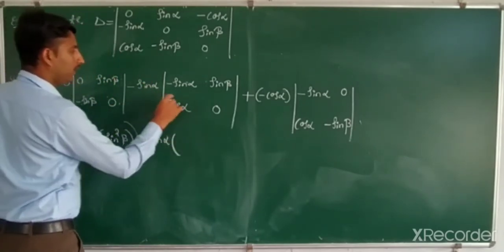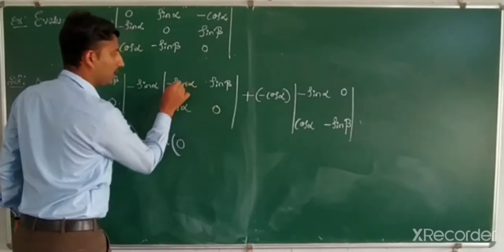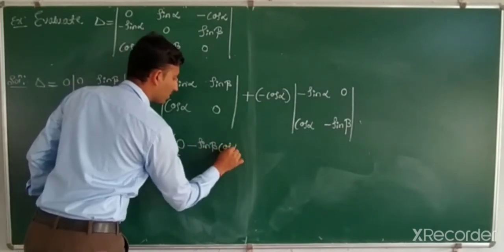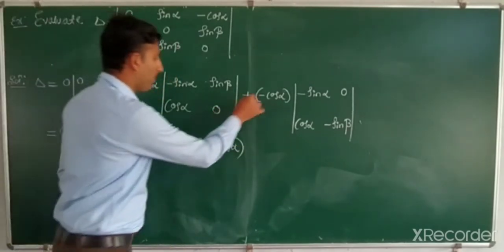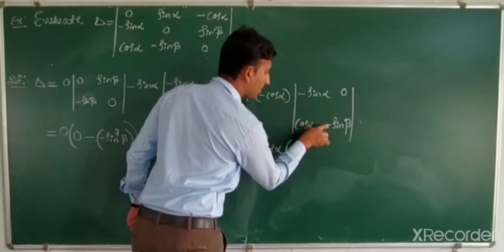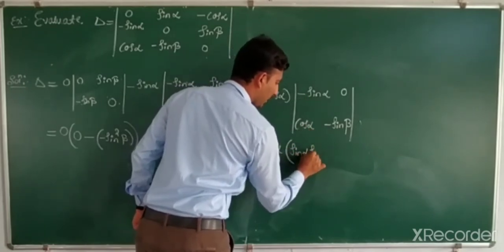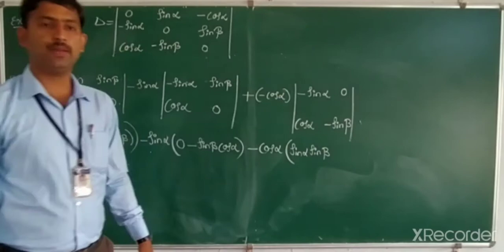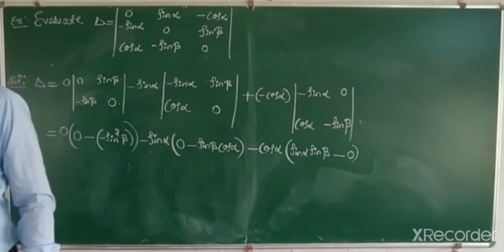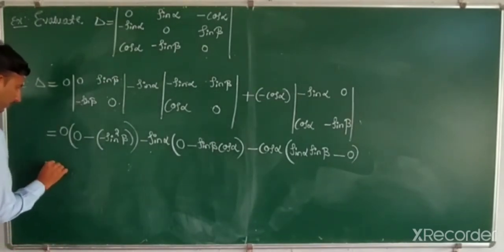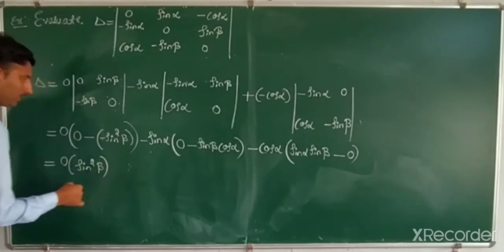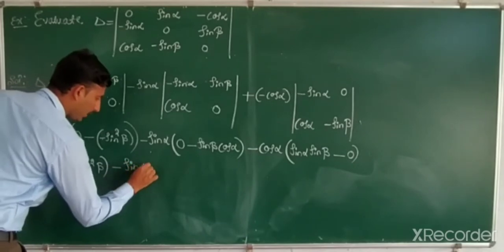Minus sin alpha, here 0 into sin alpha is 0, minus sin beta cos alpha. Plus into minus is minus cos alpha, minus of minus is plus, sin alpha sin beta minus 0. 0 into cos alpha is 0.